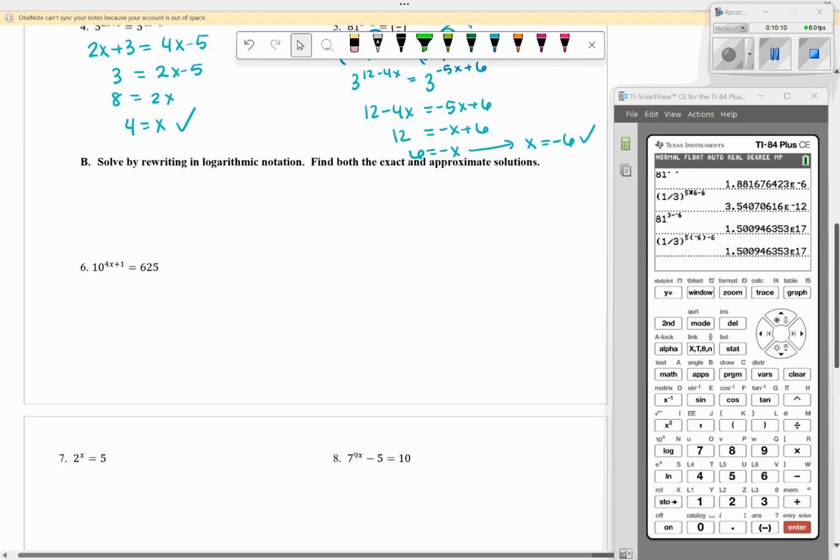All right, looking at the next one. So solve by rewriting in logarithmic notation. Find both the exact and approximate solution. So you need to be able to do that on your AP exam.